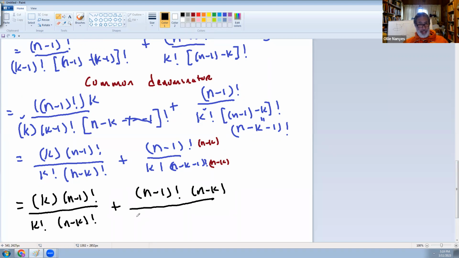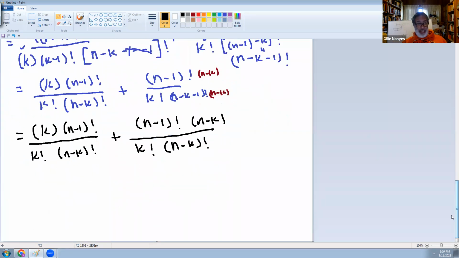The bottom is a k factorial. These two are now n minus k factorial. See, remember, there's a factorial here. We now have a common denominator. And then that leads us to the denominator we want.